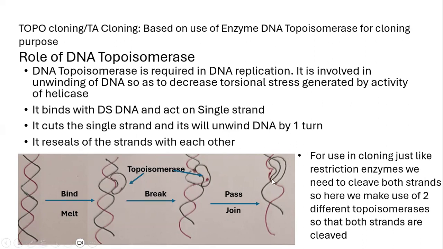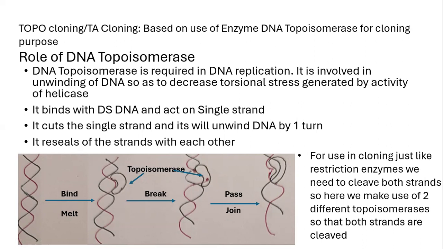Then the topoisomerase will reform the phosphodiester bond in the backbone, and the number of supercoils in DNA will decrease. Normally when we do a cloning reaction, we have to make use of restriction digestion and then a ligation reaction.